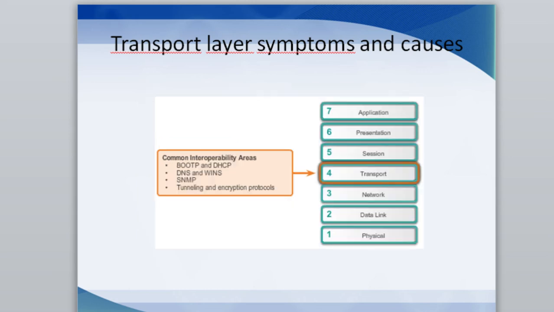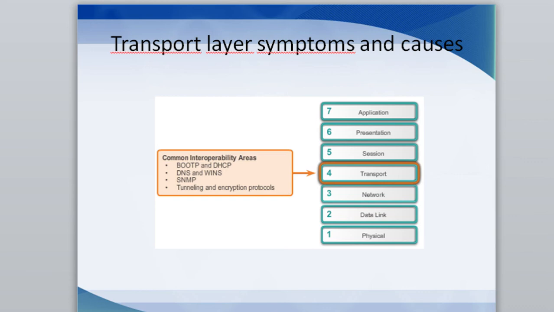But there is also another type of problem happening in the transport layer, and it involves the interoperability areas of the following protocols: DHCP and BOOTP.